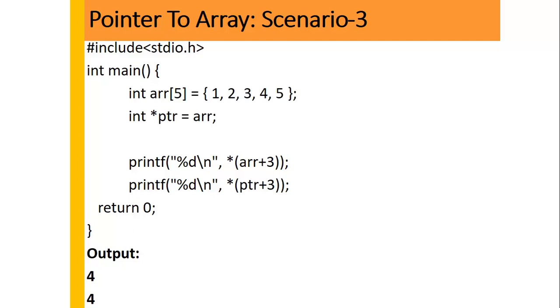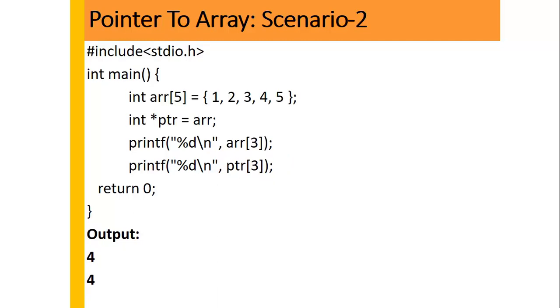ARR plus 3 is the starting address of the fourth element, or fourth integer, in the array. And when we put a star, it gives the value at this address. Similarly, it's happening in the case of the pointer. So these two are again the same, and we'll give the same output as we got in the previous scenario.